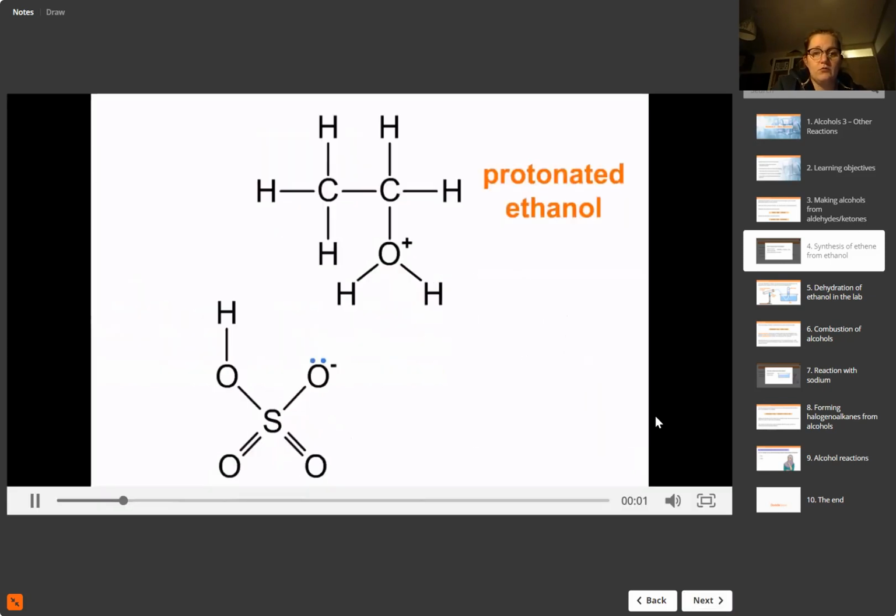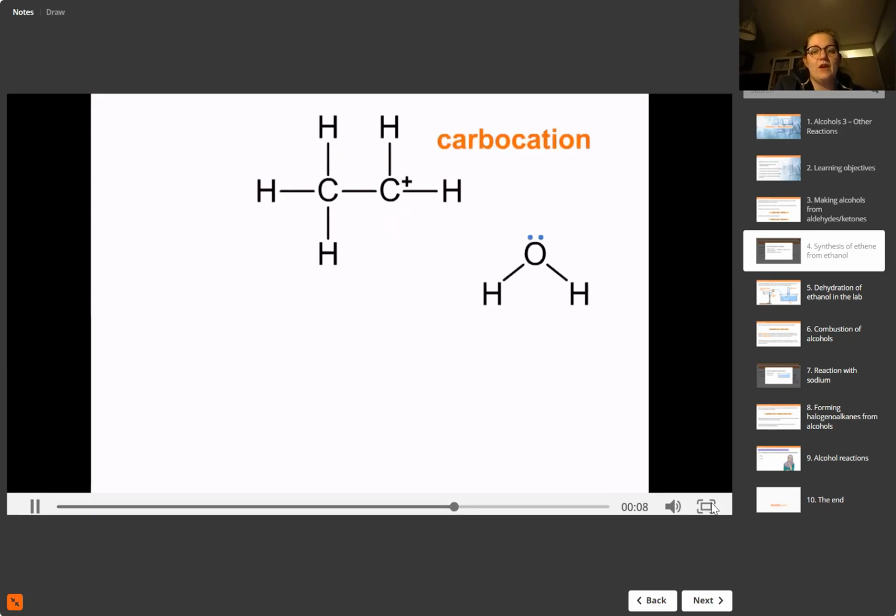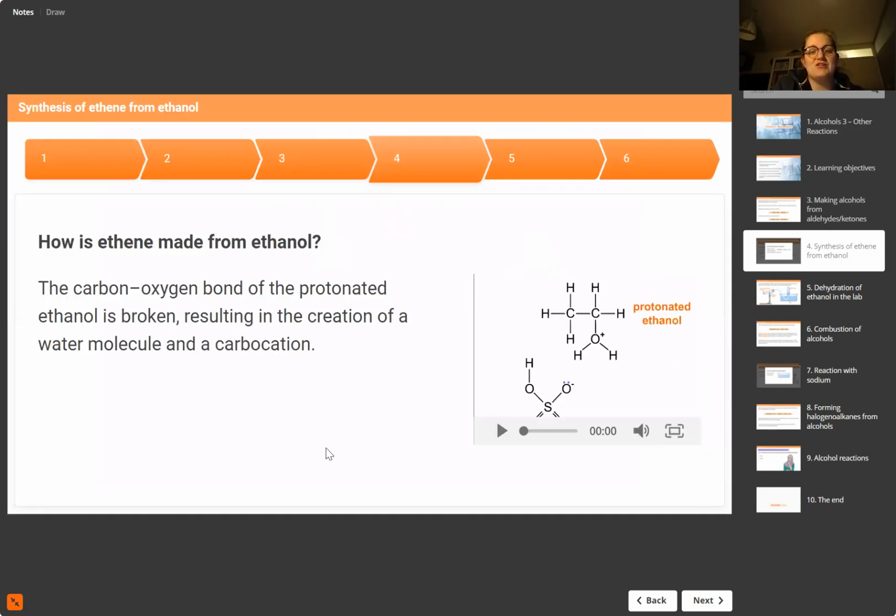The carbon-oxygen bond on our protonated ethanol breaks and we can form a carbocation. So the carbon-oxygen bond on that protonated ethanol is broken and we form a carbocation and water.